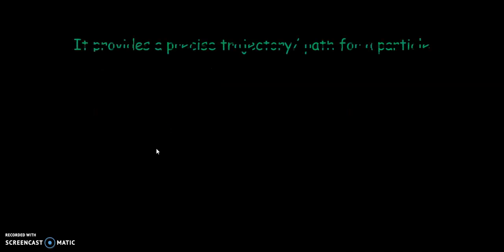For further clarification, I will explain some features of classical mechanics. The main point is that classical mechanics provides a definite path for a particle.